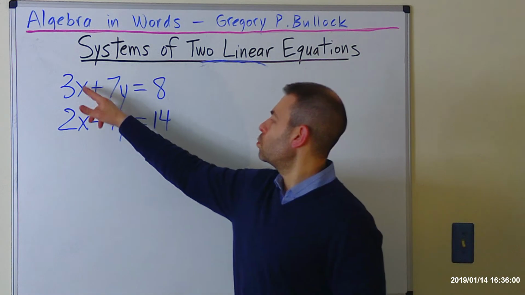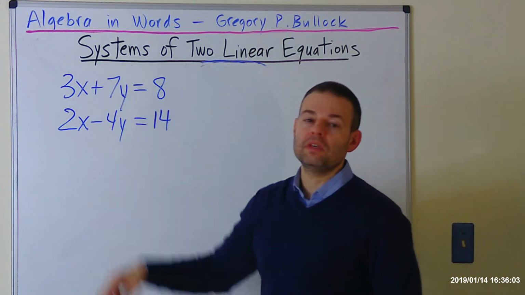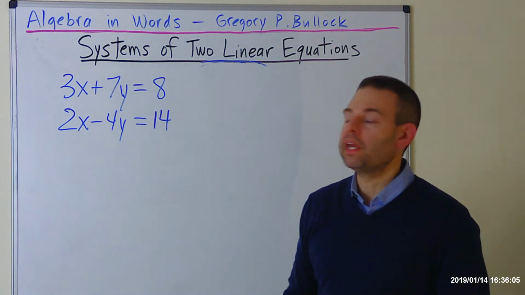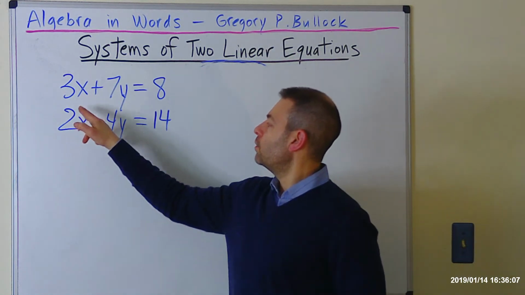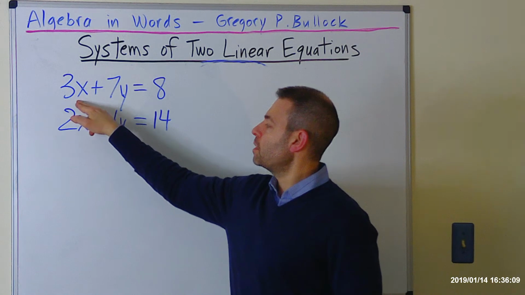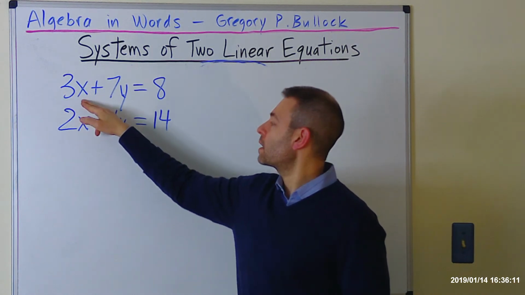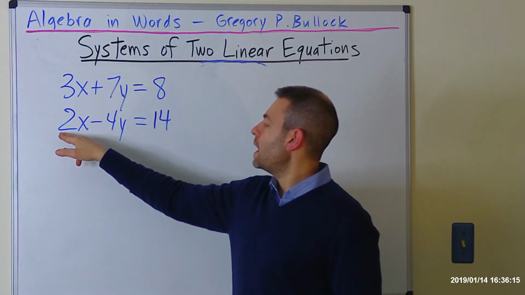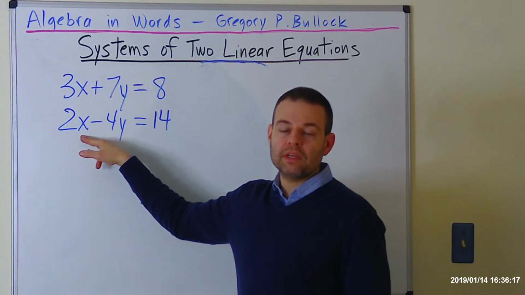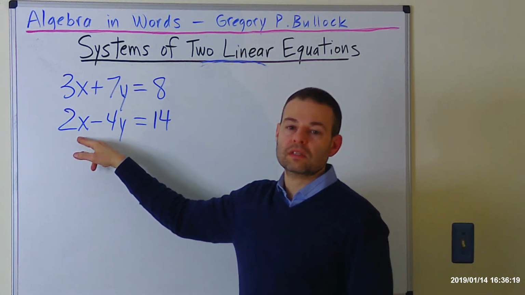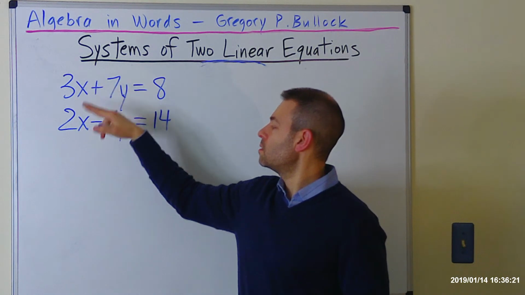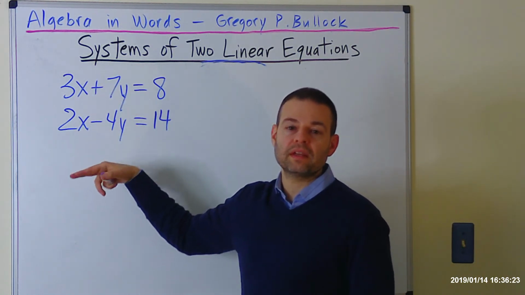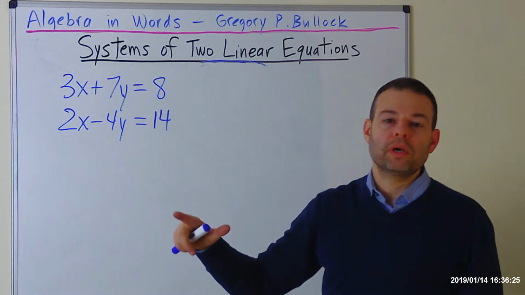Well, in this case, we would need to multiply both of these by something for them to eliminate. For example, we would need to multiply the 3x times negative 2, which would make negative 6x, as well as this 2x by 3, so that 3 times 2x is 6x. Negative 6x plus 6x would then eliminate the x's. That's one way we could go.